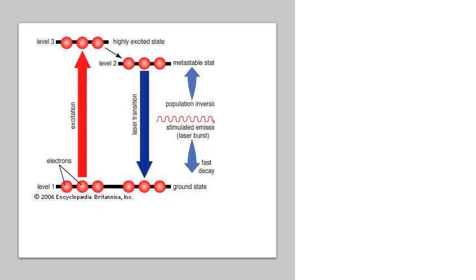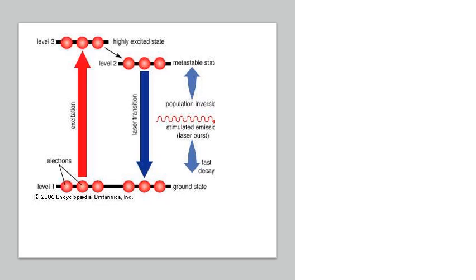Now, this level is highly unstable, so they want to move to the ground state or the other states. In these lasing action materials, we have some additional states. So the excited atoms don't move directly to the ground state, but first move to level 2. Those states are called metastable states.